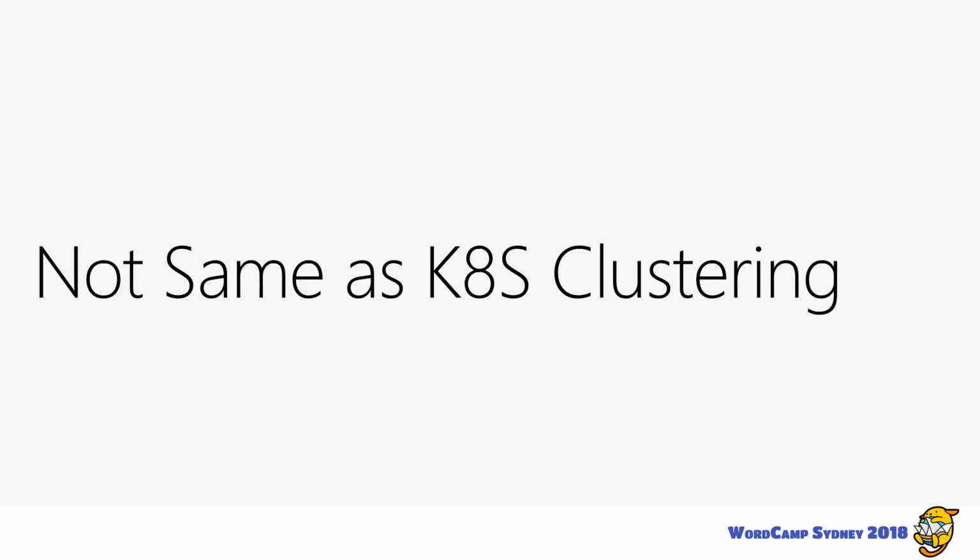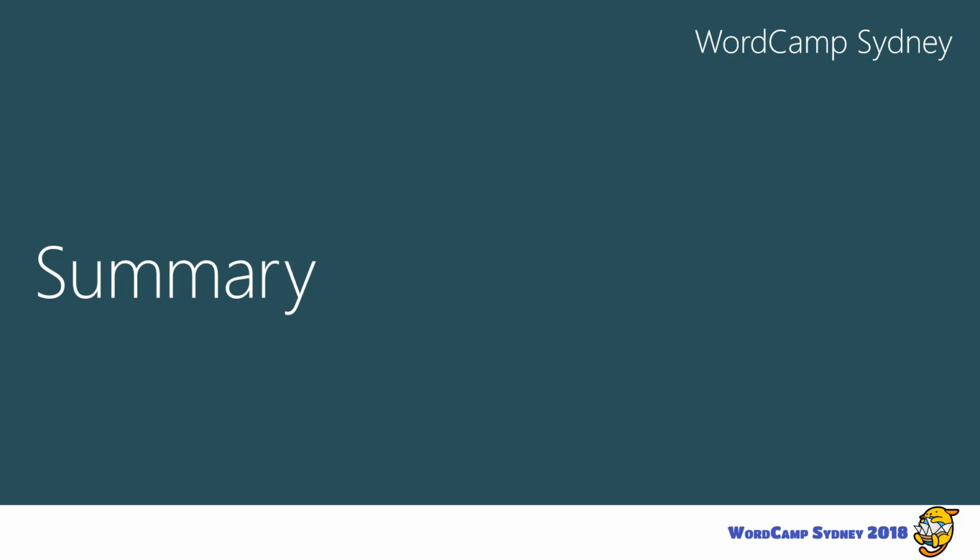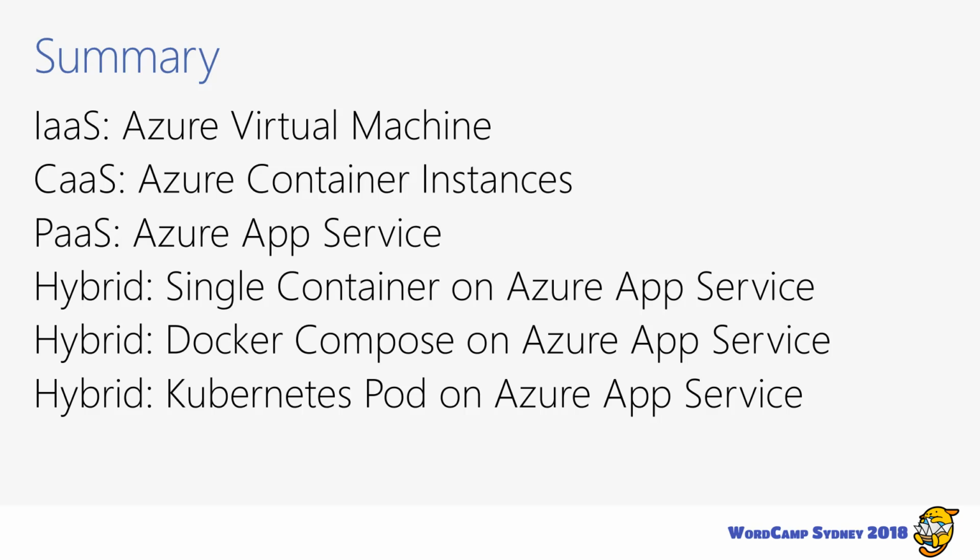If we want to run the clustering scenario, as I said, then we can use the Azure Kubernetes Service or Azure Service Fabric. Now, it's almost there. Throughout this session, I showed you 6 different ways of deploying the WordPress website into Azure.